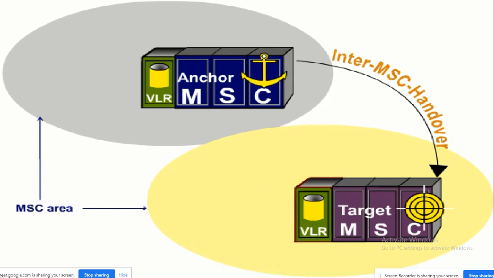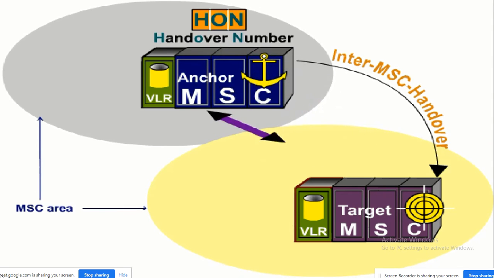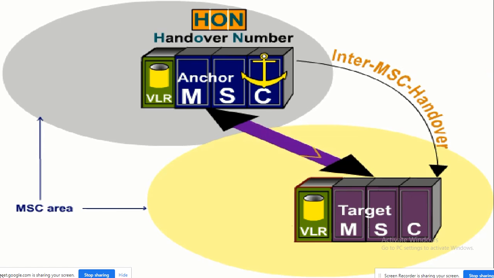The anchor MSC stays responsible for all call control activities, so it has to know where to route the call. To support this, the target MSC generates the Handover Number, HON, and sends it to the anchor MSC. Using this number, it can now create a connection to the target MSC.